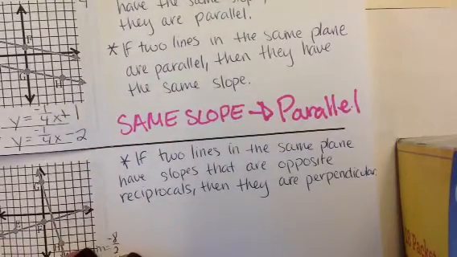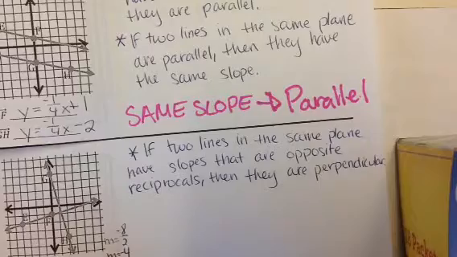If two lines are perpendicular, then their slopes are negative or opposite reciprocals.